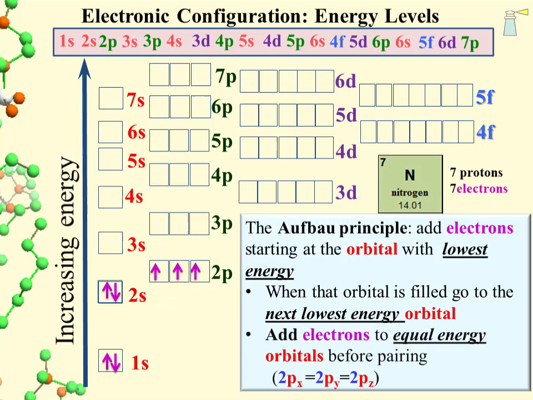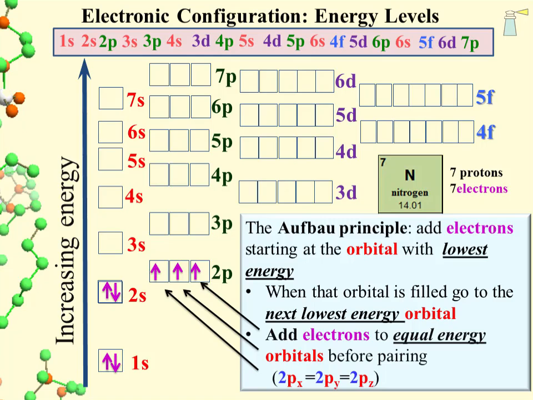The three 2p orbitals have different orientations, but they have the same relative energy. 2px equals 2py equals 2pz. So after filling the 1s and 2s orbitals, the three remaining electrons are added to the next lowest energy level, and that is the 2p orbital. Each of the three boxes gets an electron. More on that phenomenon later.